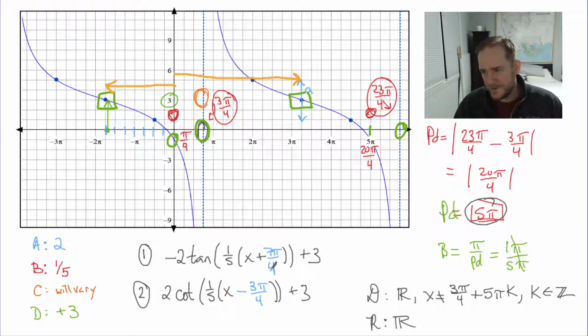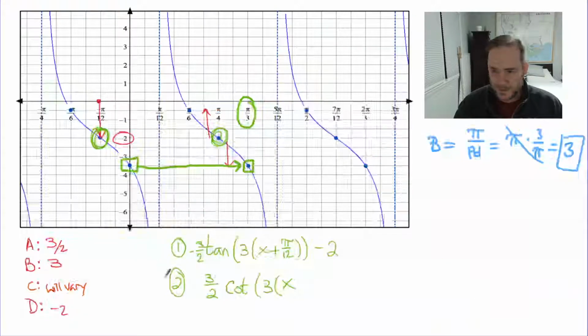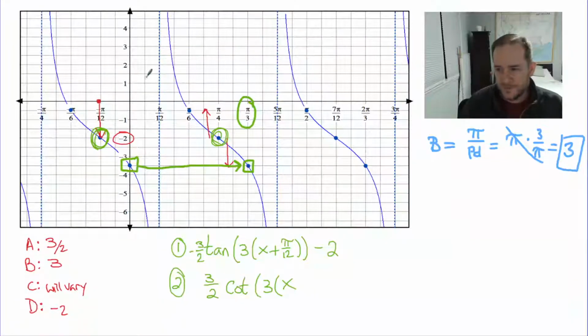We had 7 pi over 4 and we had 3 pi over 4, so that should scratch our itch for not having this situation where one phase shift is pi over 12 left and the other one's pi over 12 right. That always feels kind of bad, but it's the way it is. So pi over 12 minus 2. We're done. We wrote our equations.